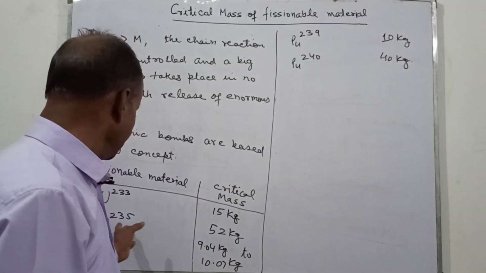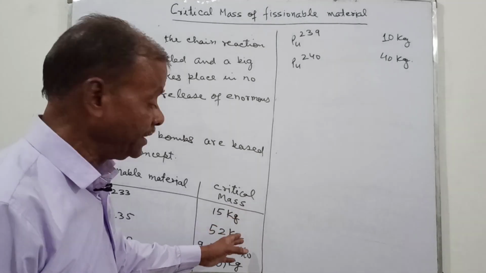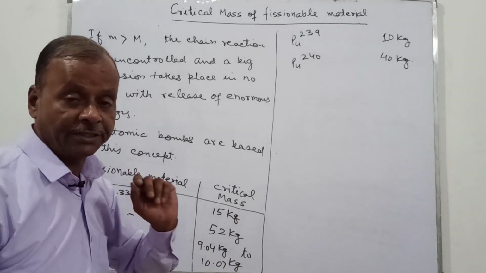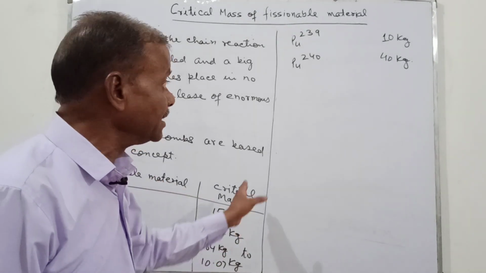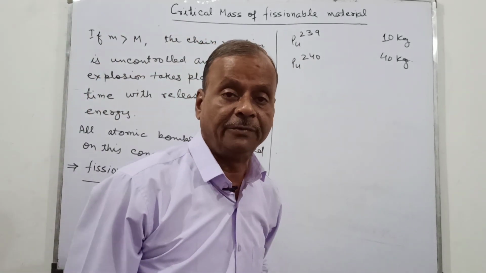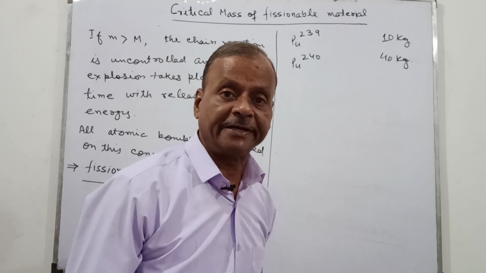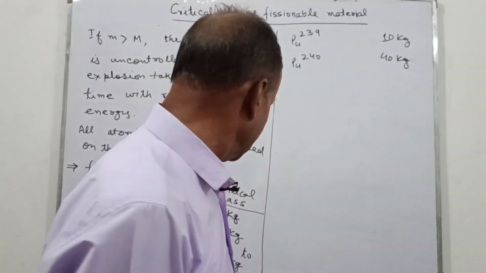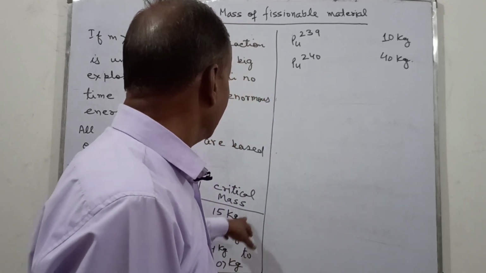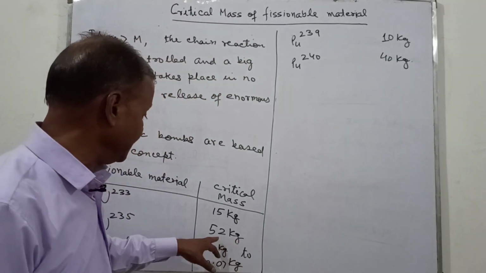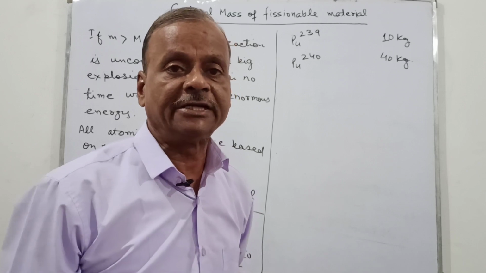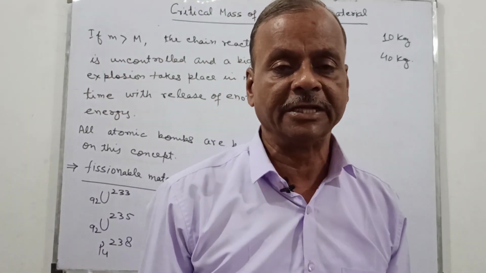But if we take uranium, then we have more critical mass, 233 as 15 kg and 235 as 52 kg. It means that a large mass is required for the explosion of uranium-235. In case of uranium-235, the critical mass is about 50 kg, and in case of plutonium, it is 10 kg. So these are the critical masses of different fissionable materials.